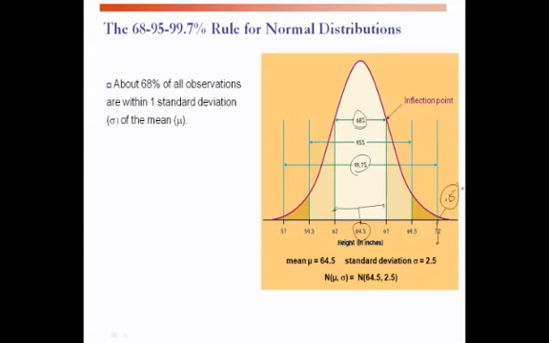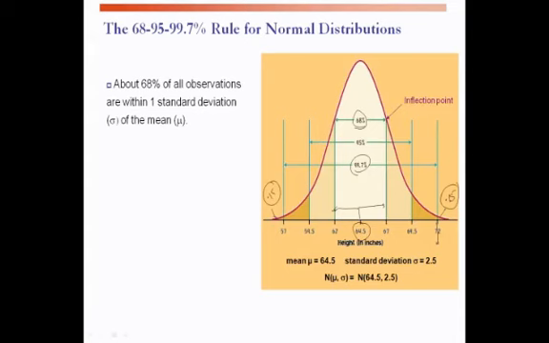You might say 99.7 subtracted from 100%, that's 0.3. Why am I writing 0.15? Well, 0.15 on that side, 0.15 on this side. Agreed? So if you are more than three standard deviations above the mean, you are at 99.85 percentile. That's why it's so rare to find somebody more than three standard deviations above.